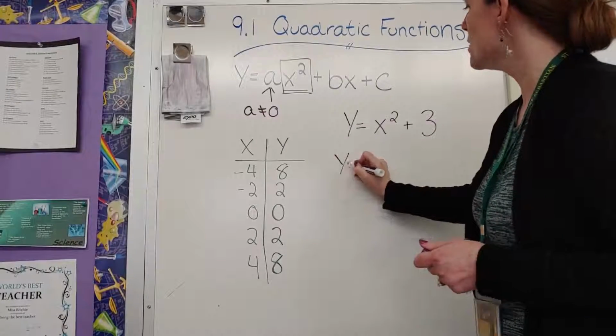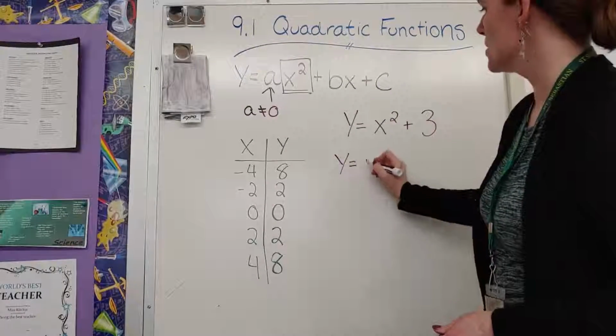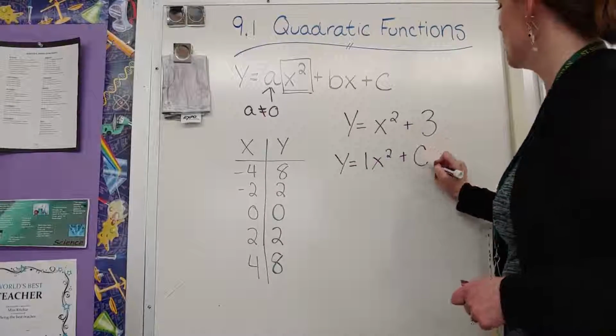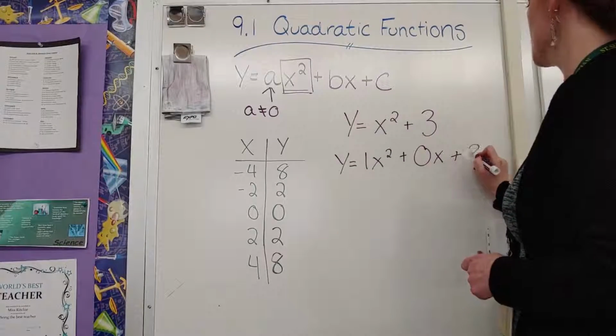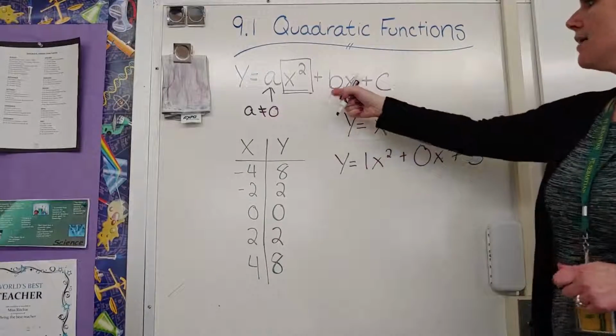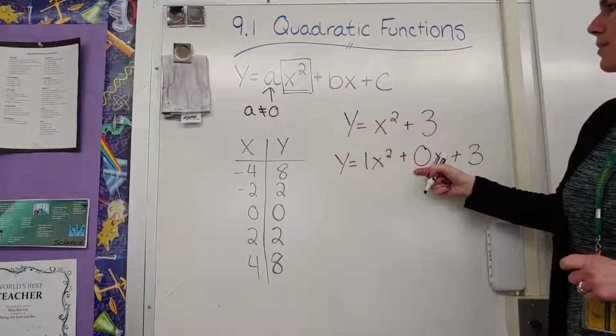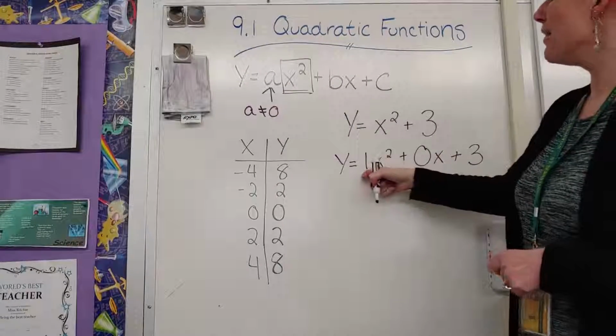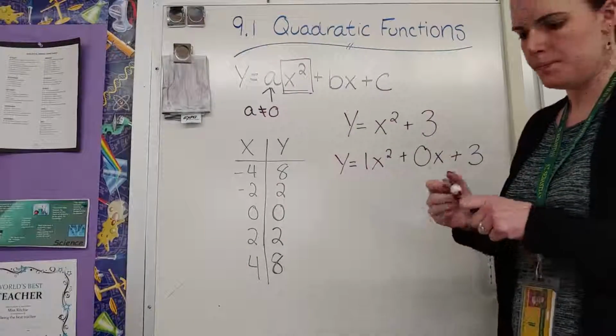If I really wanted to, it would be y equals 1x squared plus 0x plus 3. So you're allowed to have this be a 0. Your b term could be a 0. You just have to have this x squared.